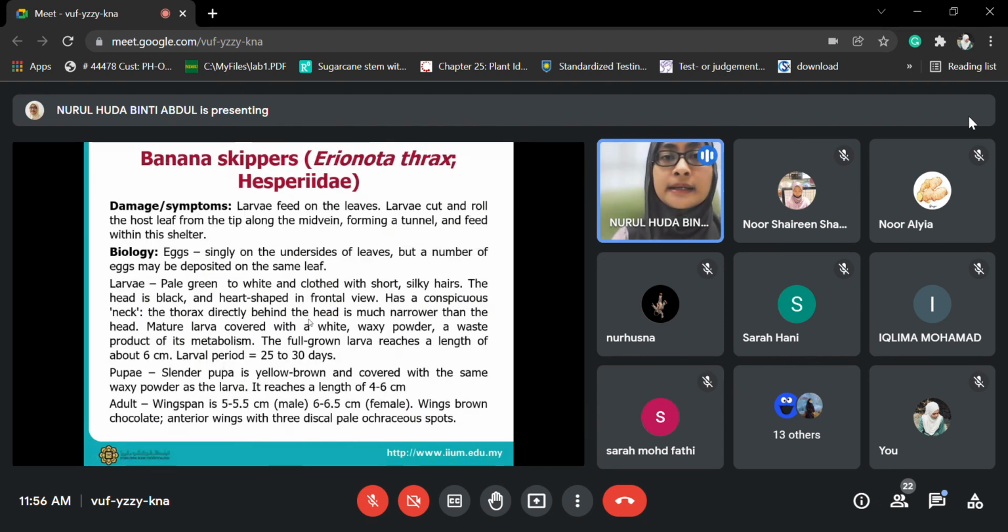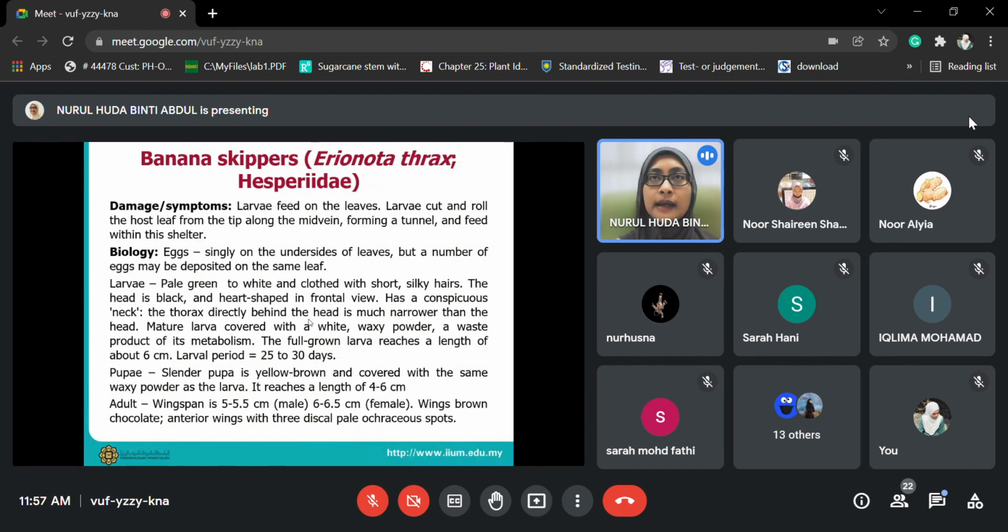Okay, we have banana skipper, Erionota thrax, which has spirit. Okay, this is also moth, but slightly different, okay, because instead of flying like other moth and butterfly, they usually skip atau jump dari satu pokok ke satu pokok, atau it can fly.